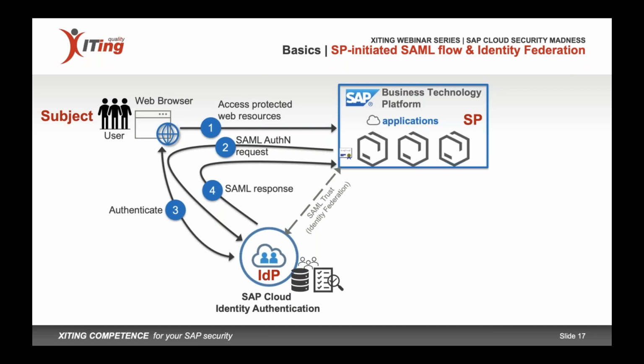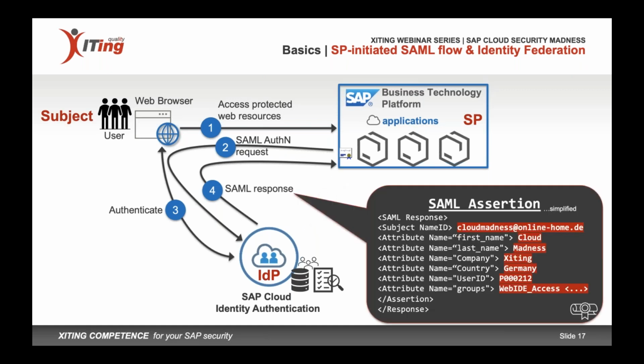So now, what is a SAML assertion? You can see it as a proof of identity. It contains one or more, let's say, statements about the identity, can be the so-called subject, and it contains so-called assertion attributes. And of course, a SAML token, so actually the XML, is digitally signed, and depending on your security requirements, it can be encrypted as well.